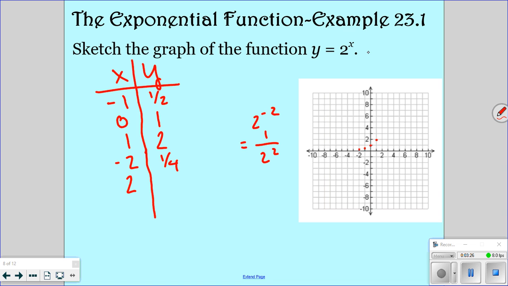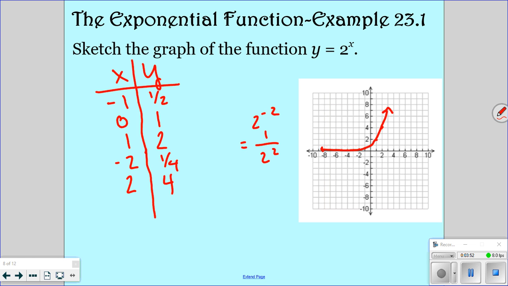And then 2 to the +2, 2 squared is 4. So now hopefully you can see a little bit more. It's never going to actually cross the x-axis, it's just going to approach it. And then you're going to go through your dots, and it's going to keep going up. So that's what an exponential function is going to look like. So that's how you can sketch them.